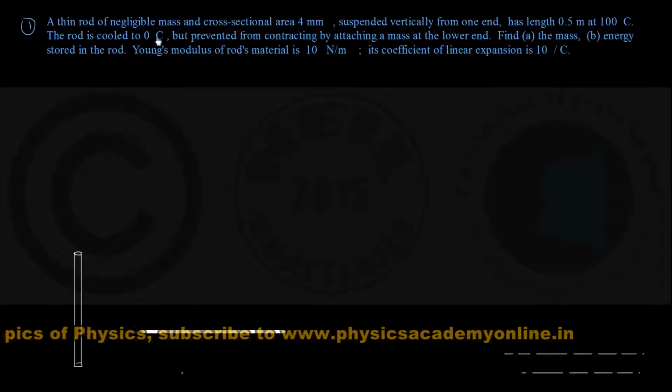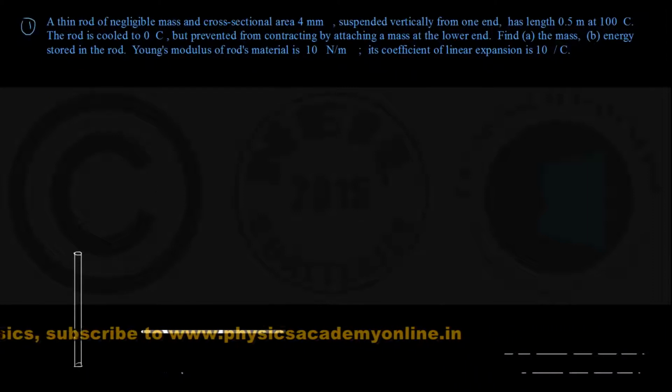So here is the first problem coming, and this one is telling that a thin rod of negligible mass and cross-sectional area 4 mm square, suspended vertically from one end, has length 0.5 meter at 100 degrees Celsius. The rod is cooled to 0 degrees Celsius but prevented from contracting by attaching a mass at the lower end.